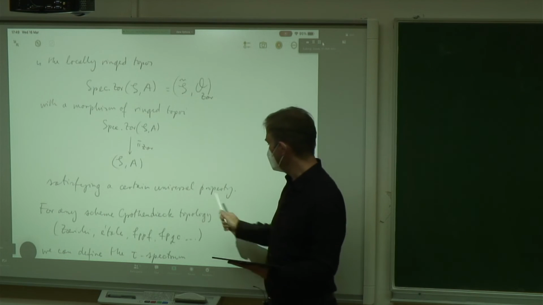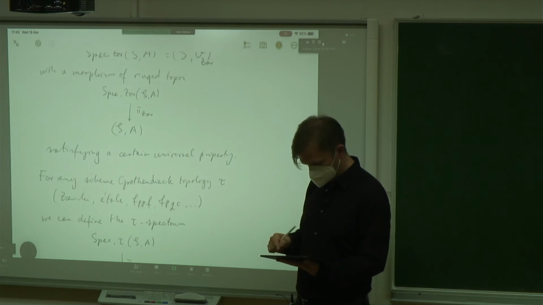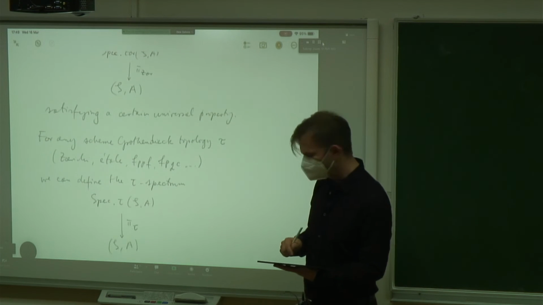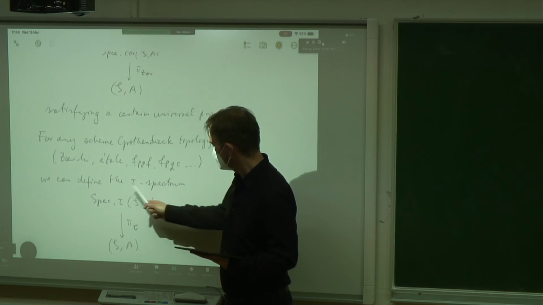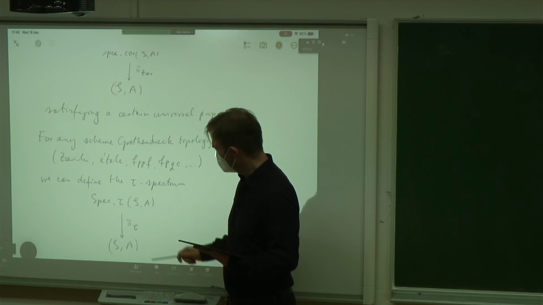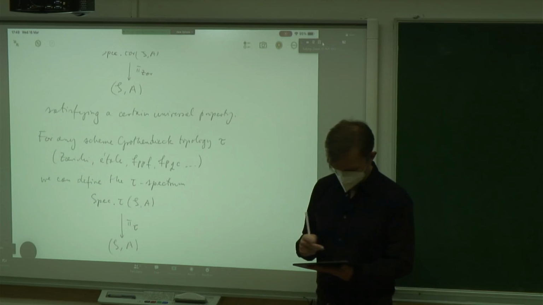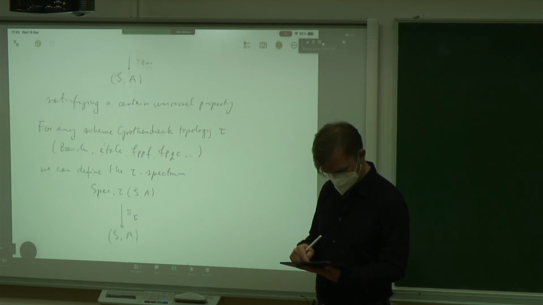And so for any tau from this rather long list, you can define the tau spectrum, which I will denote Spec tau of S A, together with this structure geometric morphism to the original ringed topos.